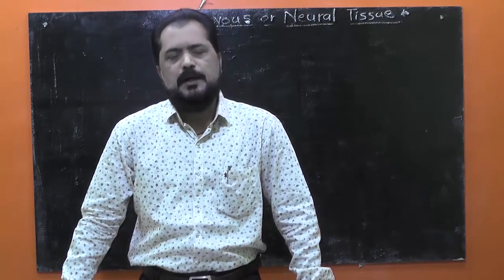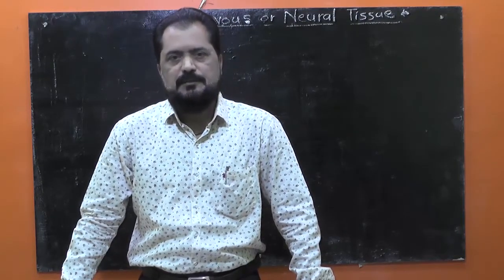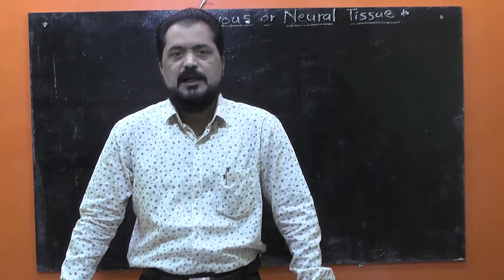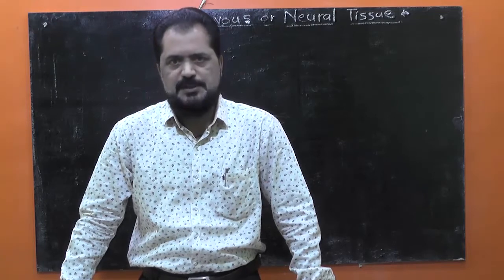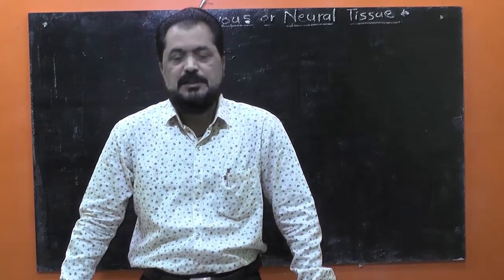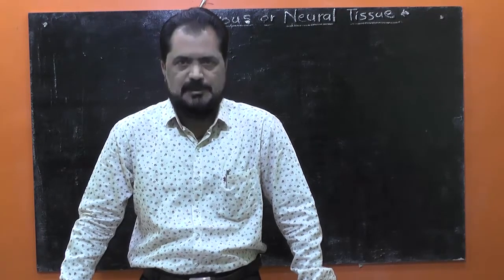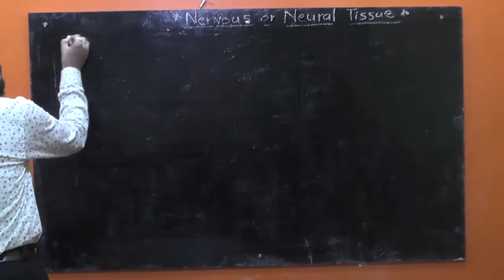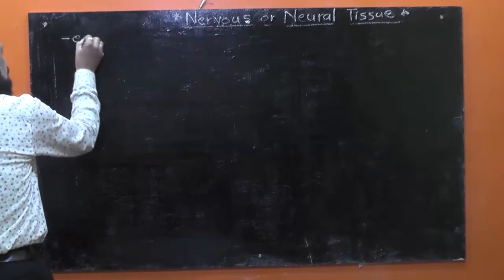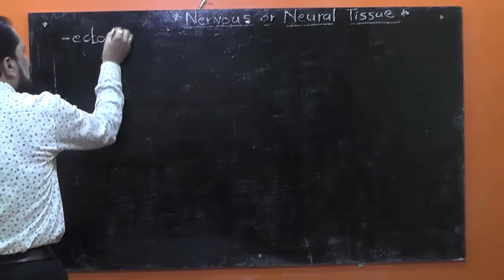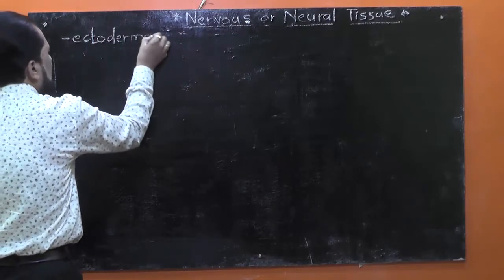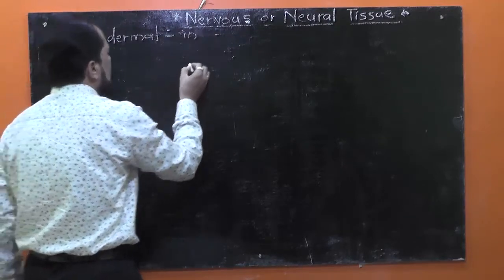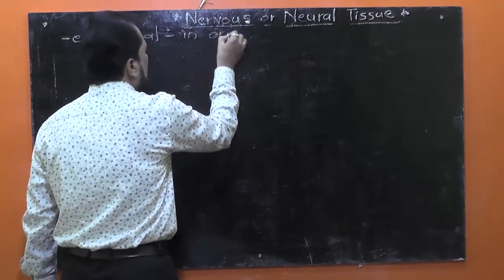We all are aware that the nervous tissue forms the nervous system in animals. Now this nervous tissue is ectodermal in origin.